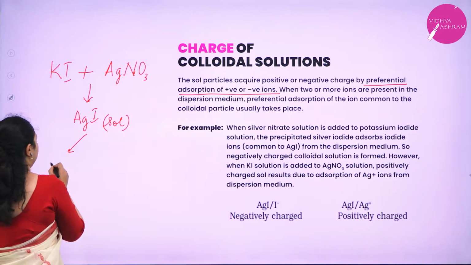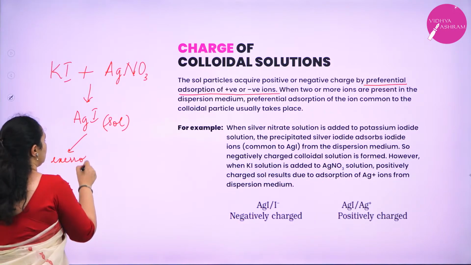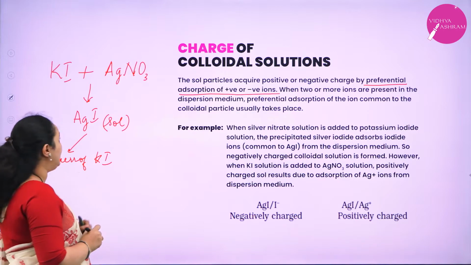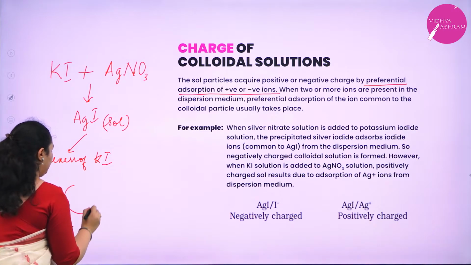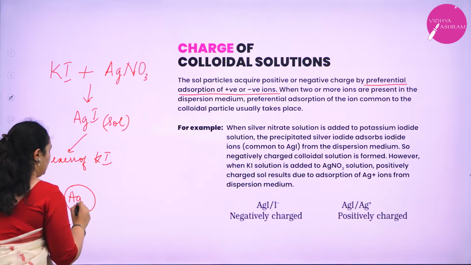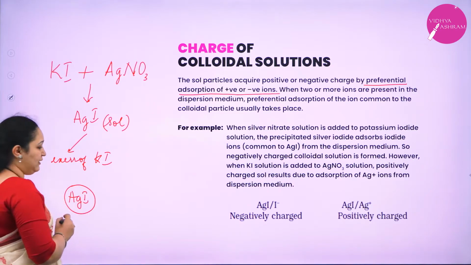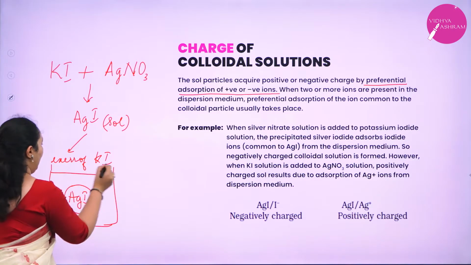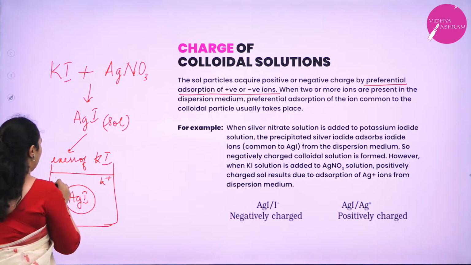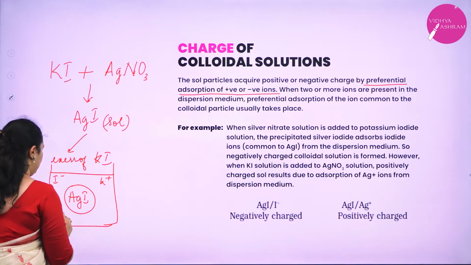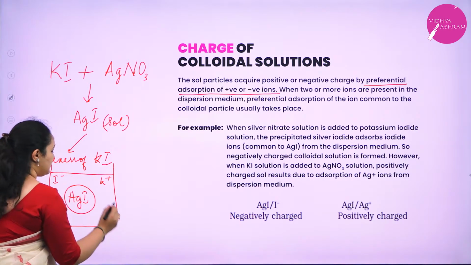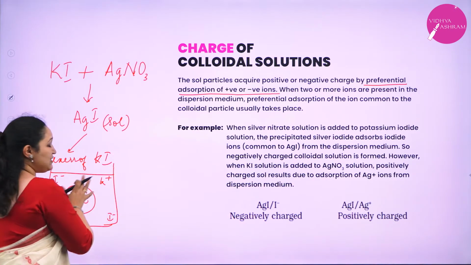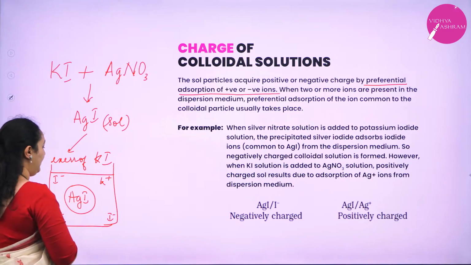If I take excess of potassium iodide, and this is my silver iodide colloidal particle, in the medium we have potassium ions and iodide ions. Of course there is nitrate ion also, but what is in excess? Potassium and iodide ion.